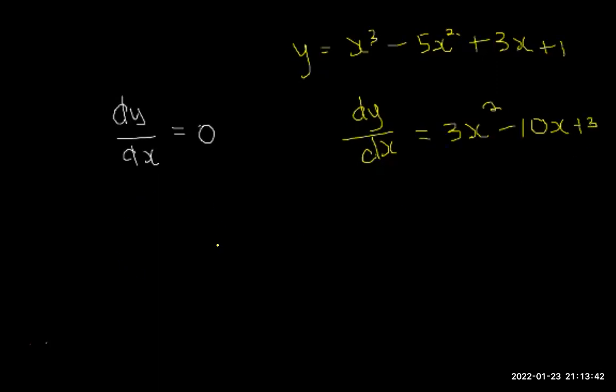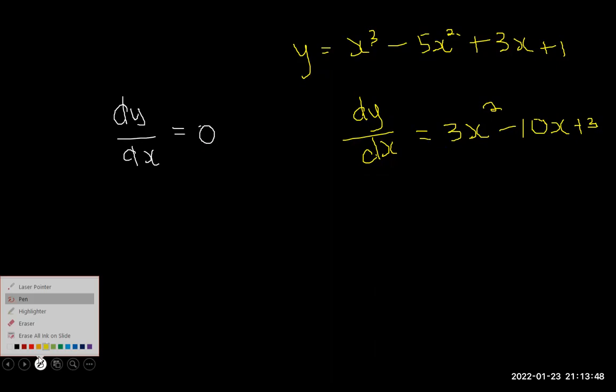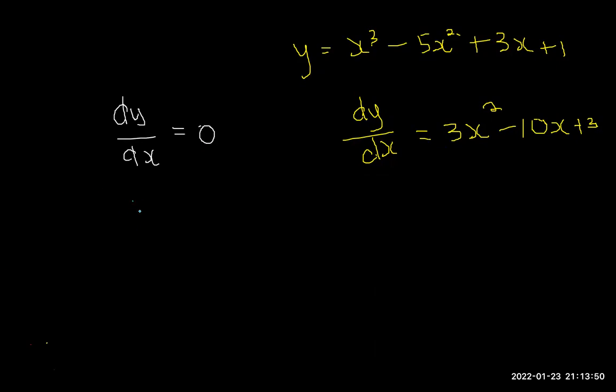And at the stationary points, we know that this is going to be equal to 0. 3x squared minus 10x plus 3 is equal to 0. Now that I have an equation, I can solve for my values of x.